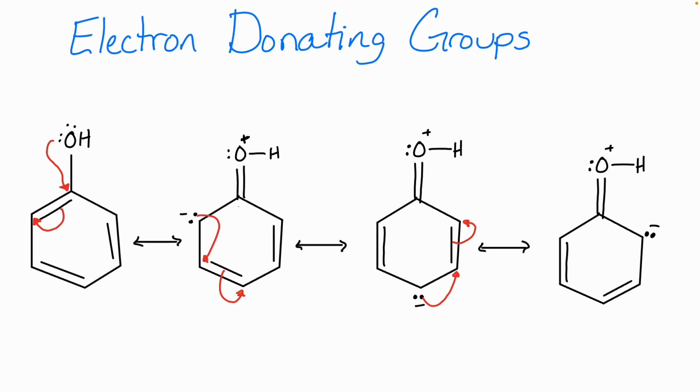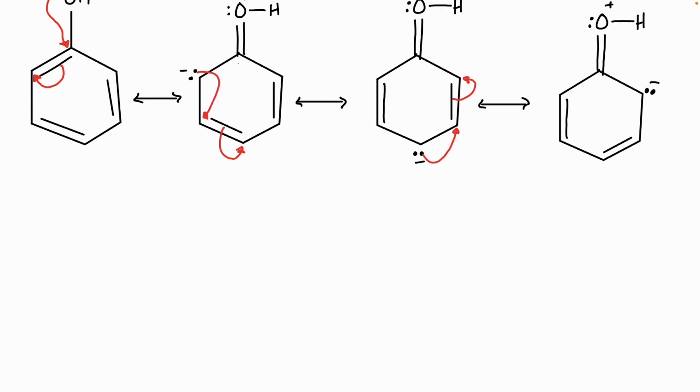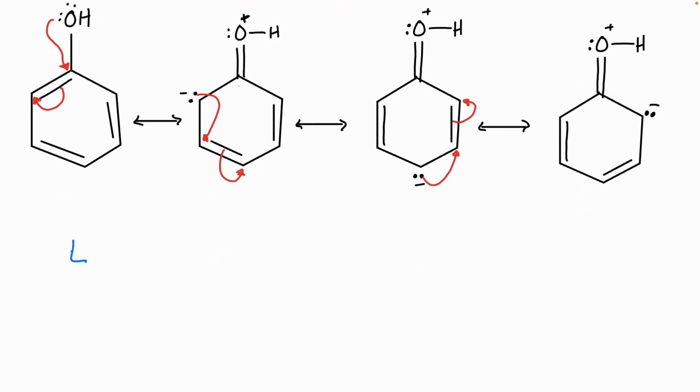Let's remind ourselves of two important things here. In these electrophilic aromatic substitution reactions, what is it that's playing the role of the nucleophile? If we look up at one of our reactions here, let's go to our generic mechanism that we had from the beginning.